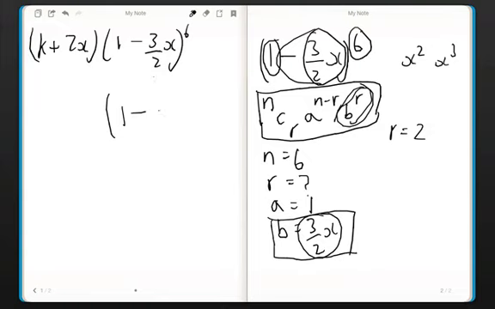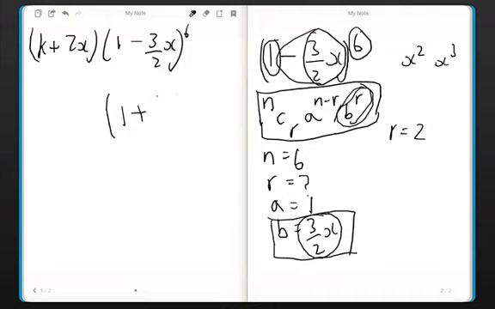Plus, we have 6c1, that's our second term, into a, which is 1, to the power of 6 minus 1 is 5, into minus 3 by 2 to the power of 1, x to the power of 1.